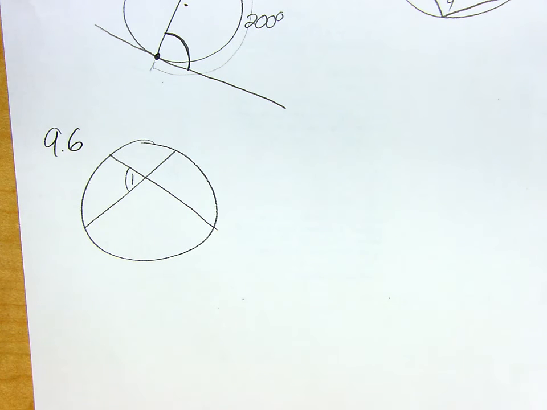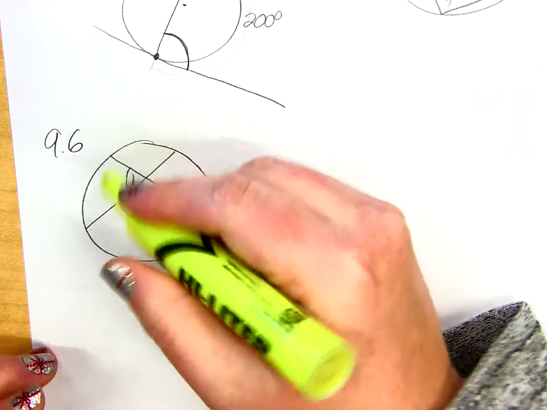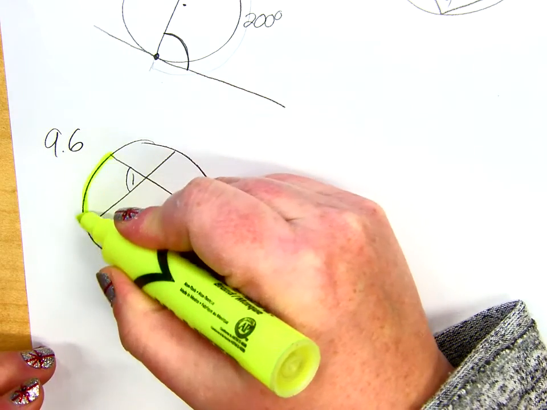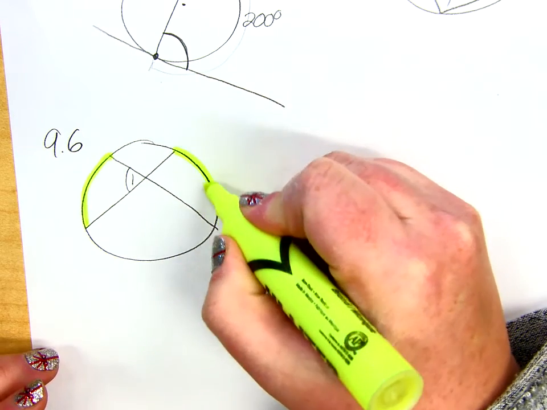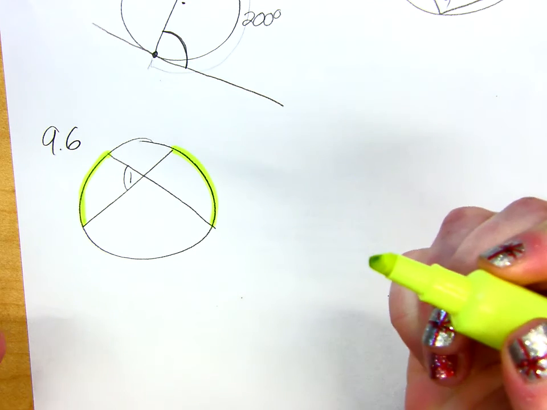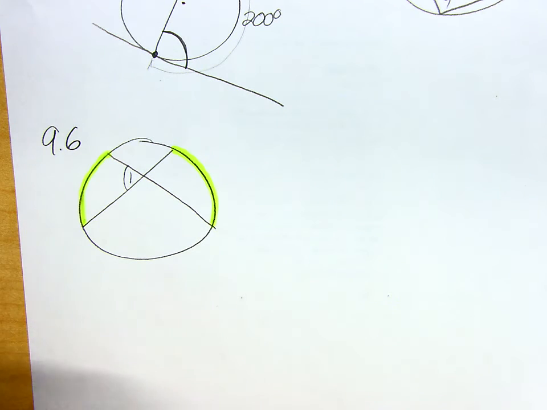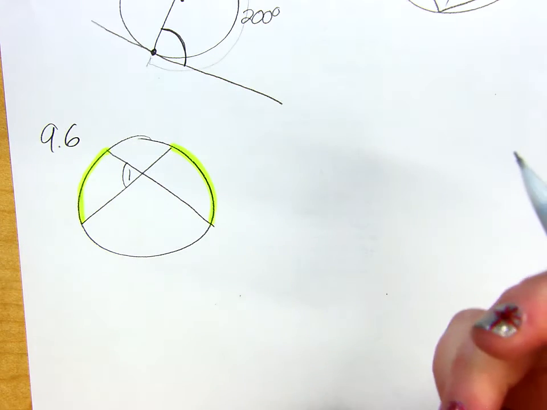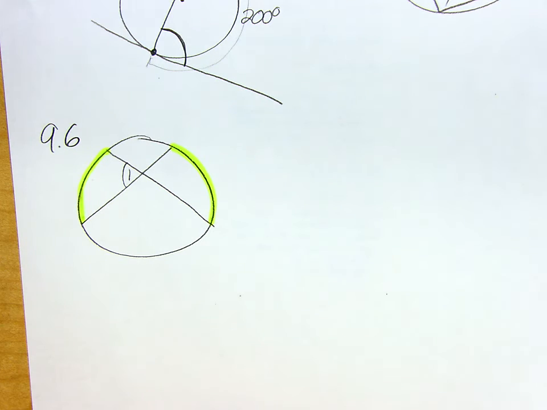It's not a central angle, and it's not an inscribed angle. It's a chord angle. It has two intercepted arcs, really. And to find the measure of angle 1, I add them together and take half. It's the average of those two arcs.